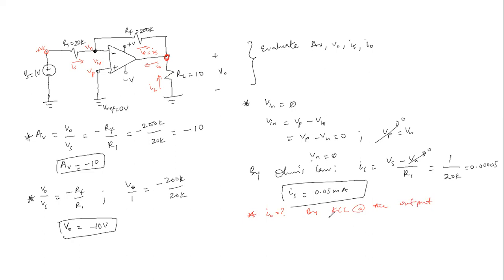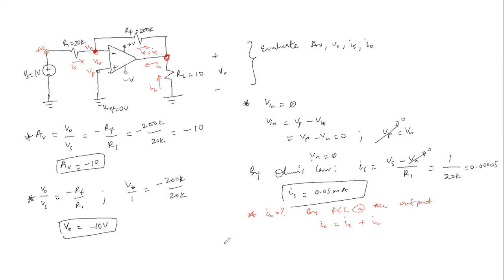I naught is the same as I sub S plus I sub L. We already know that I sub S is the same as 0.05 milliamperes. And I sub S is the same as I sub F because the entire current that flows in through this node flows all the way. There is no other branch that will divide the current.